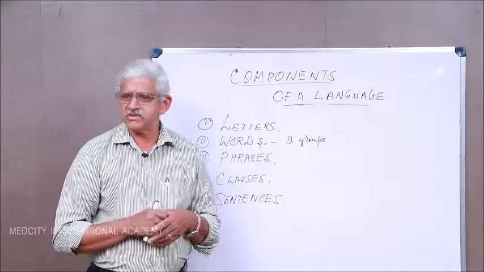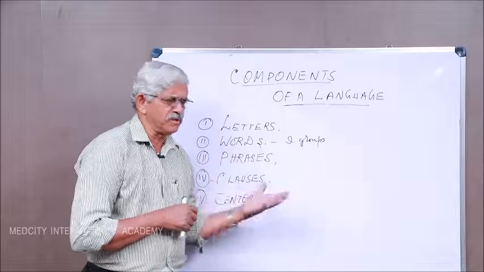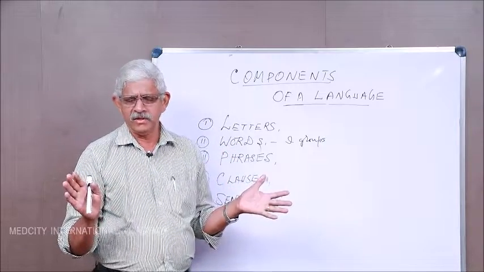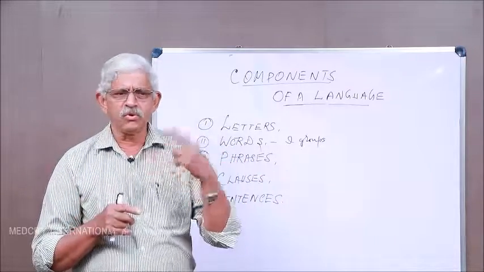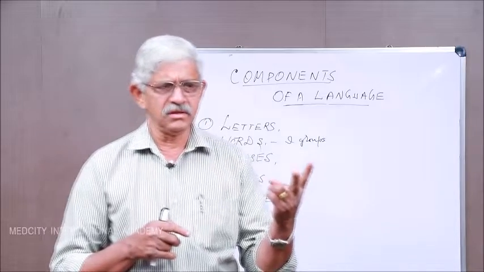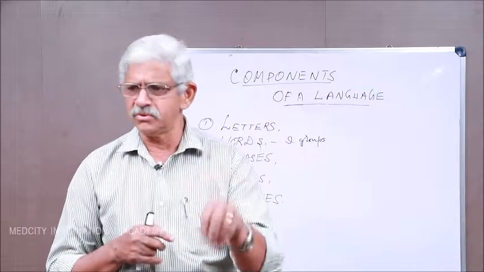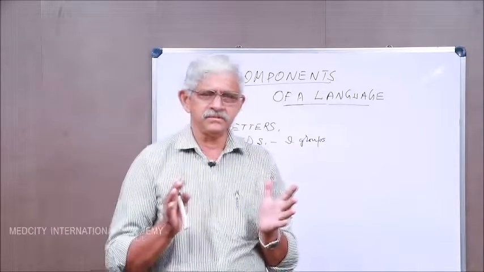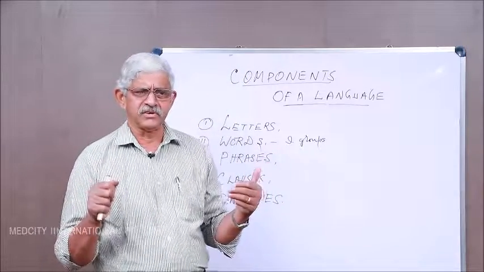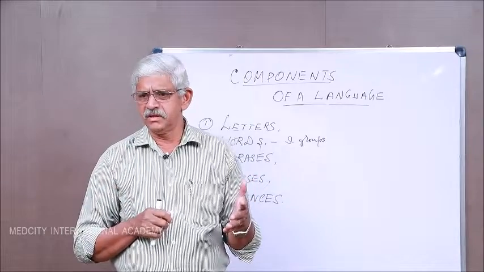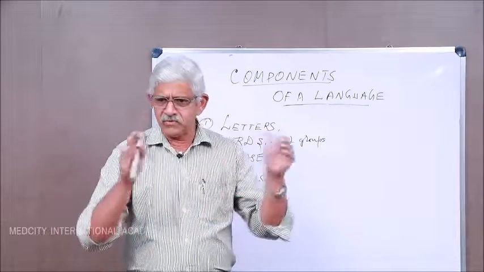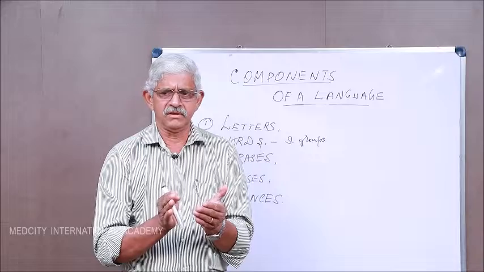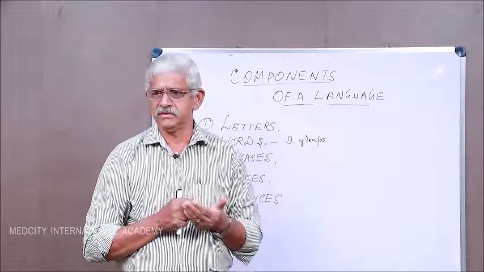Now let's come to sentences or clause or phrase, any component, no problem. There will be 2 or more words in a phrase or in a clause or in a sentence. You understand? And this collection or group of words actually function together to give a good meaning.